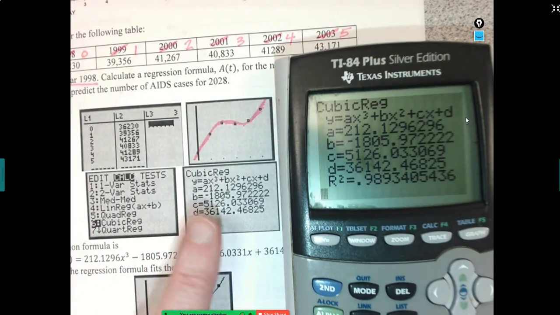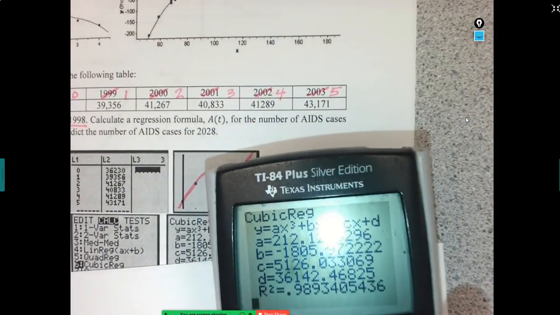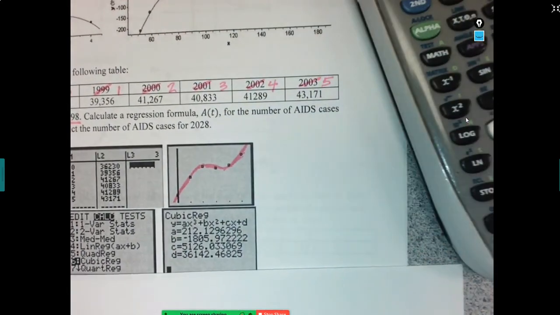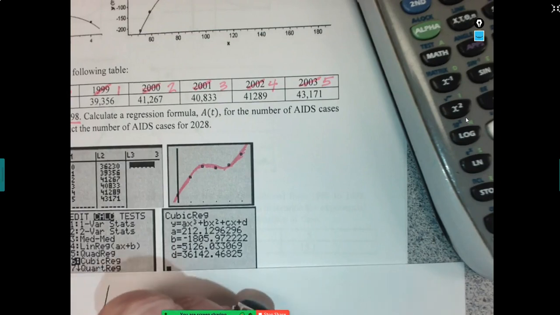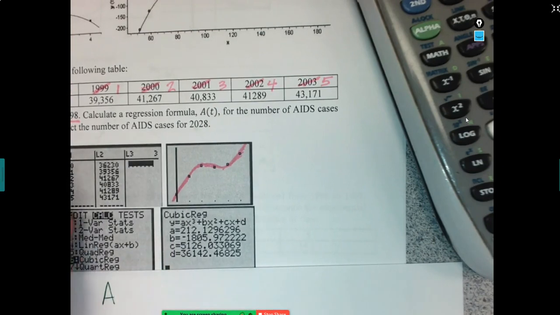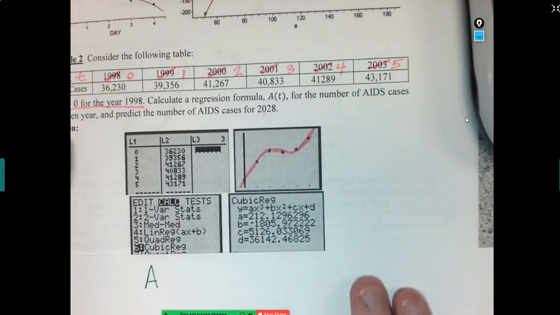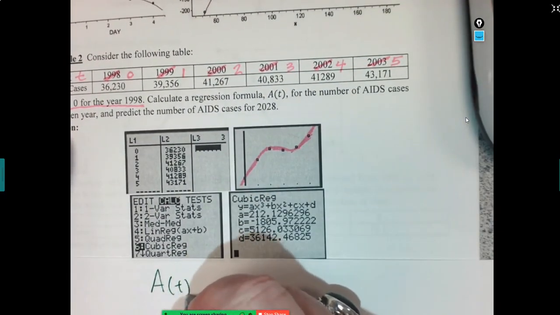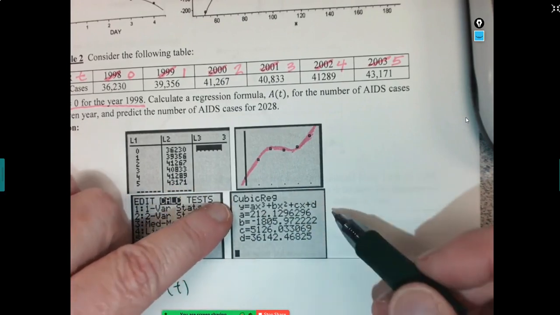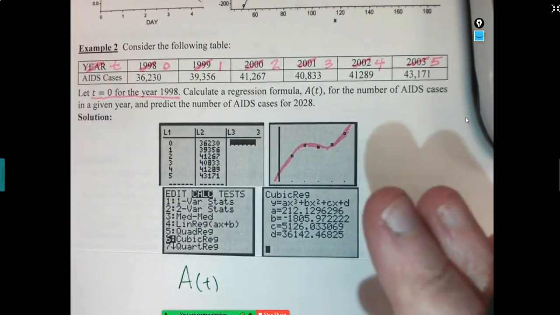Okay, that's all we need. So I'm going to do that, and my numbers match up. So my cubic regression formula is going to be A, and these were my T values in here for list 1. So it's going to be A of T, even though the calculator is automatically just going to show you X. It won't make the change of letter.